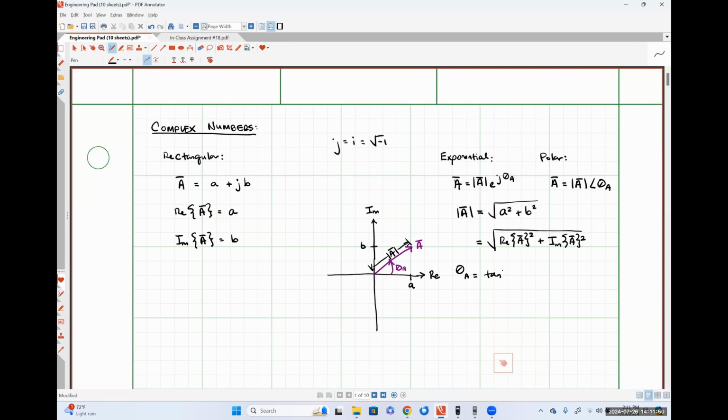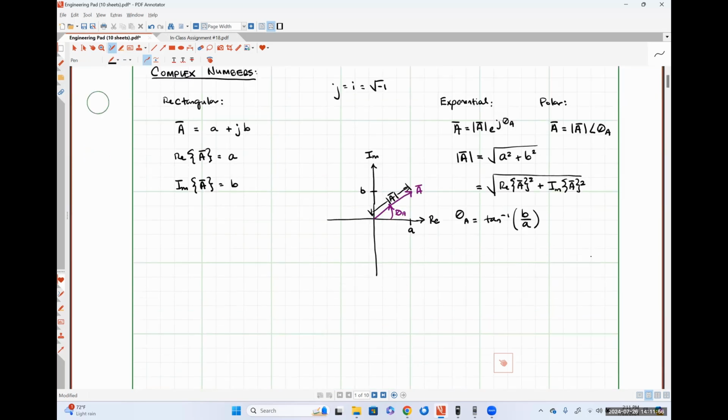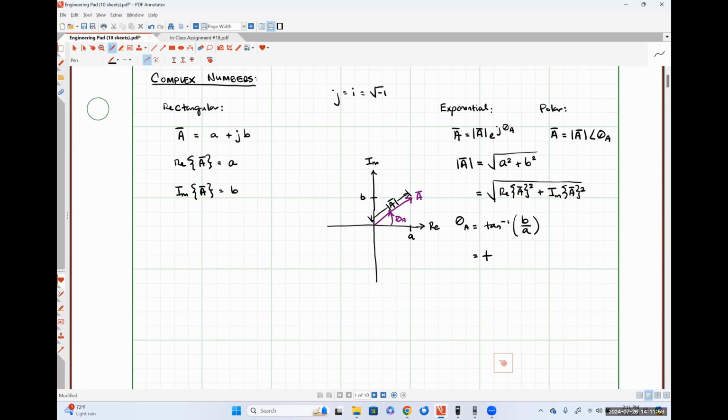We're going to use the relationship, the inverse tangent of b over a, which in more general form is the inverse tangent of the imaginary part of complex number A divided by the real part of complex number A. So these are the two relationships that we would use if we had a rectangular form complex number and wanted to convert it into either an exponential form complex number or a polar form complex number.